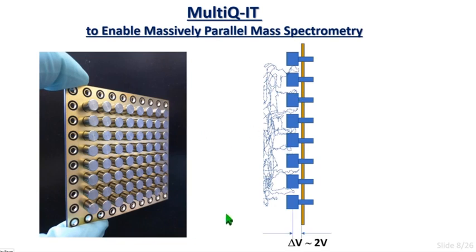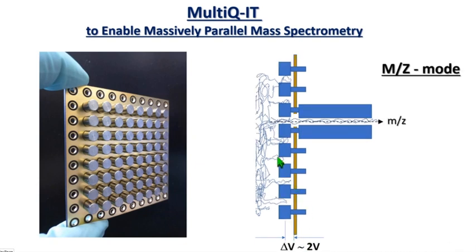To prevent that, we put a small potential difference between a set of quadrupoles and the supporting plate. To provide ions out, we make a hole and use an extended quadrupole, and we call it the trivial MOSE mode. That's how ions enter and exit the device.